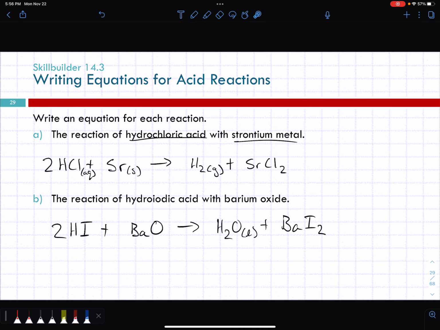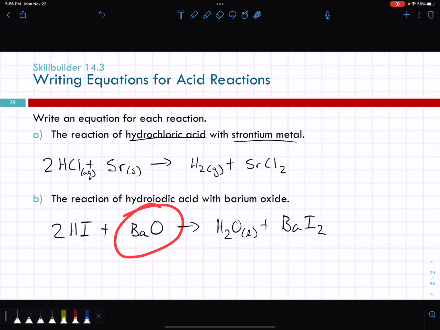But this could be any combination of acid with strontium, barium, calcium, magnesium. Could even do aluminum or gallium, zinc, nickel maybe. Really I could pick any of these metals and say, react this metal by itself with an acid, and you'll get hydrogen gas and some salt.